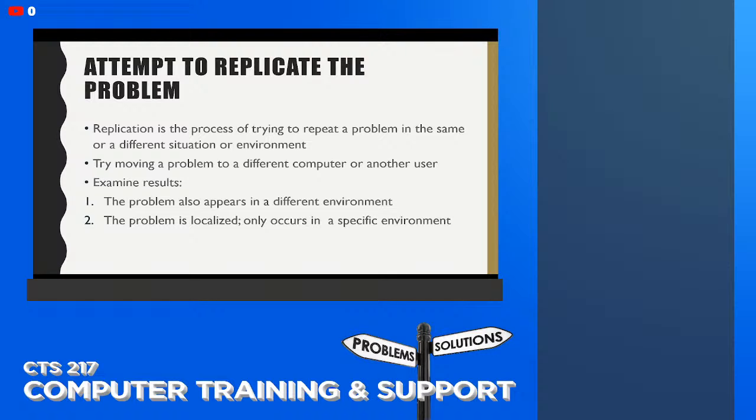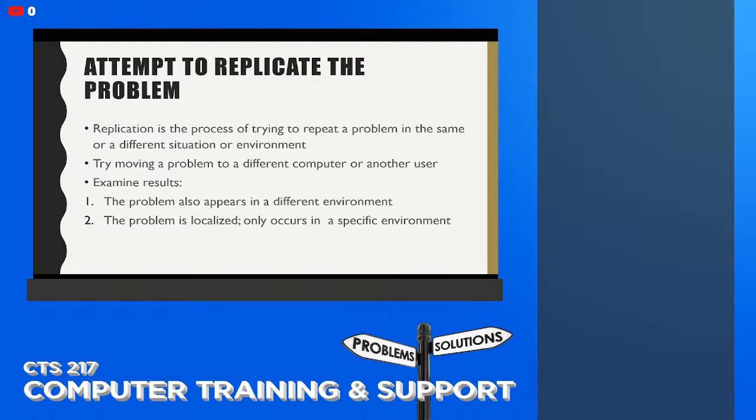So we want to try to take our problem and move it to a different computer or move it to another user. Right? If we're having network issues, we want to try to take another computer, plug it in that particular network drop, or take that computer that's having the issues and move it to another network drop.